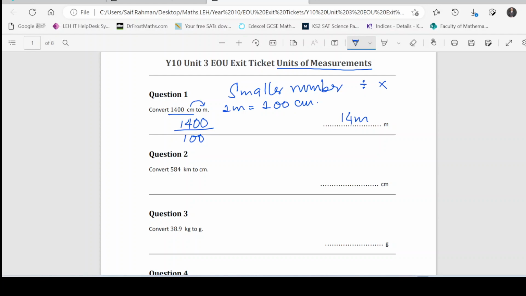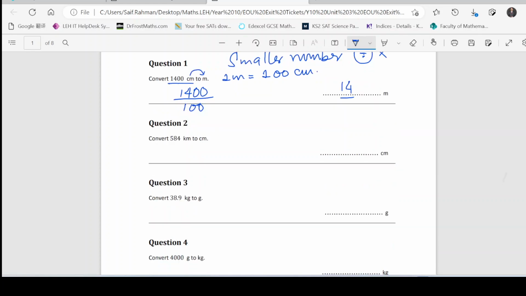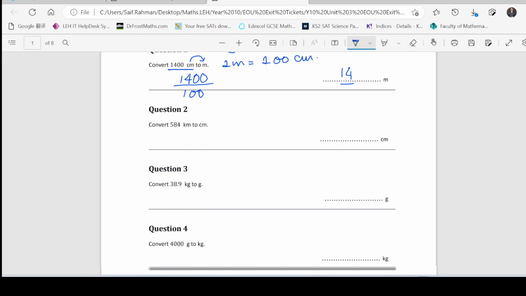So you see, initially it was 1400 and now you got just 14, right? So your answer is a smaller number, and you got it by dividing, not by multiplying. You have to remember this fact for every question.